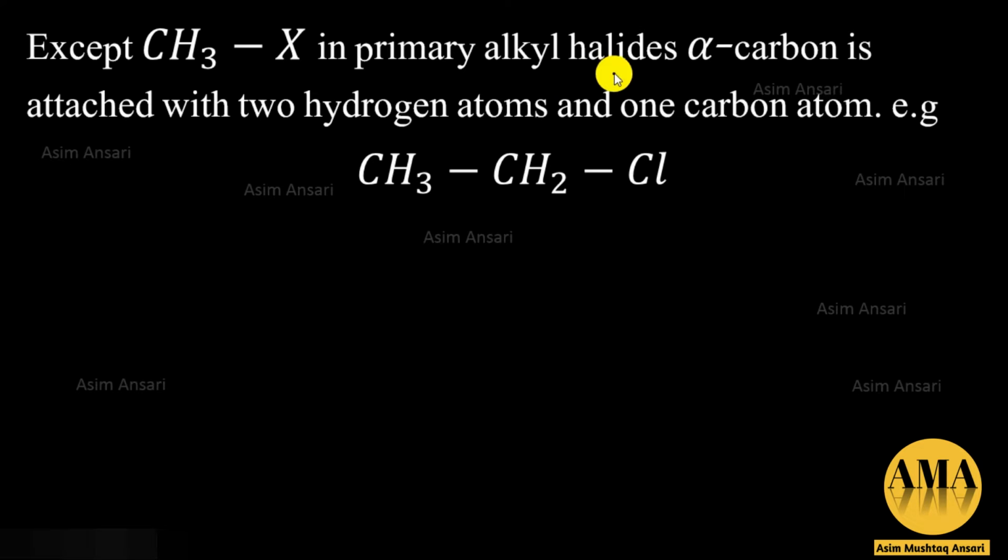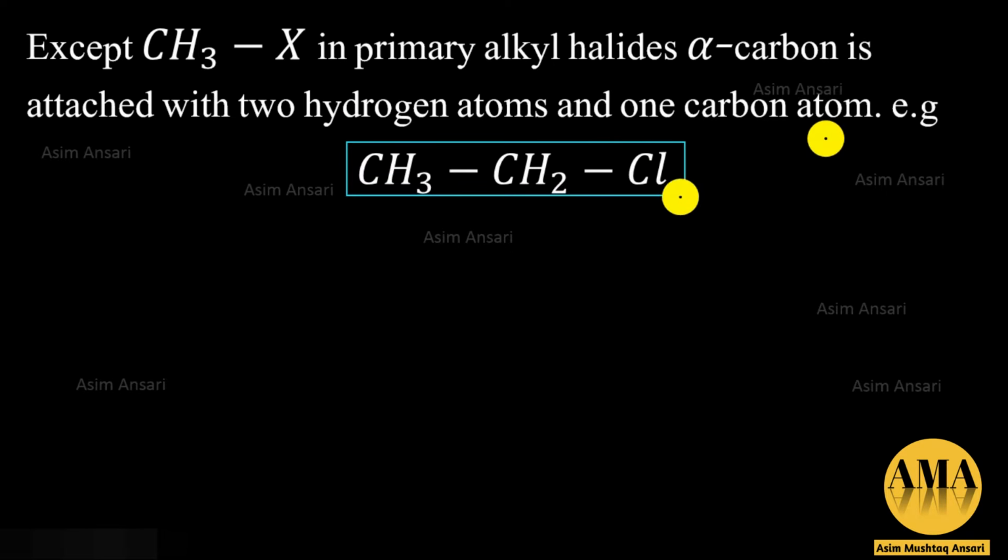In primary alkyl halides, the alpha carbon is attached with 2 hydrogen atoms and 1 carbon atom. As you can see in this formula, CH3CH2Cl, which is a primary alkyl halide, the carbon known as the alpha carbon is attached directly with 2 hydrogen atoms and 1 carbon atom.